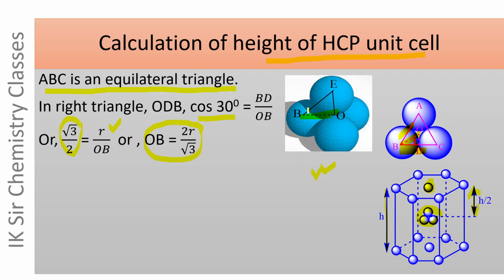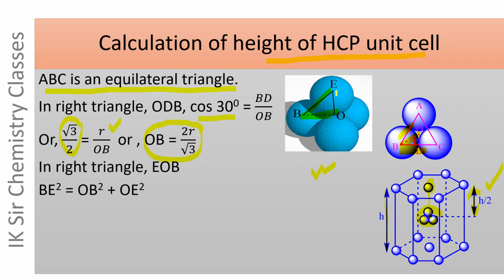This is BE, which will be equal to 2r, and EO, the distance between this sphere and the center of the vacant space, will be equal to h by 2. EO is equal to h by 2, and it is a right triangle. In right triangle EOB, BE square will be equal to OB square plus OE square.